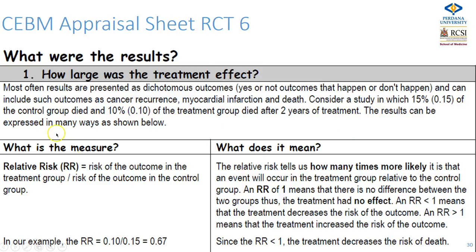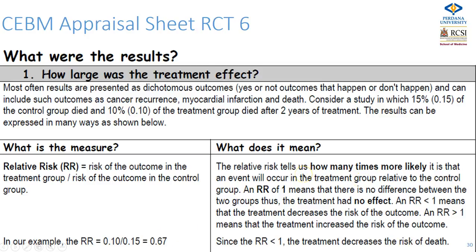Well, they could be expressed as a relative risk, which means the risk of the outcome in the treatment group divided by the risk of the outcome in the control group, written often as RR, and that would be 0.1 over 0.15, 0.67.